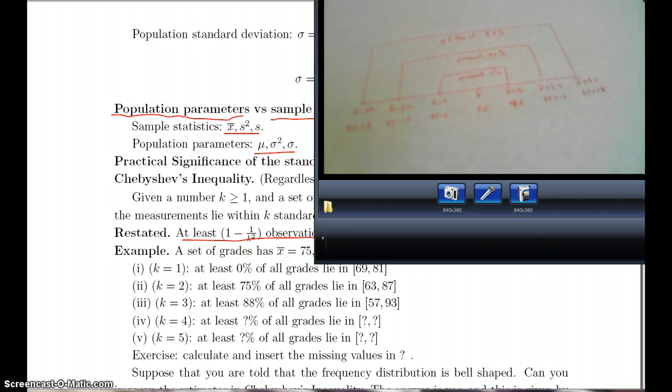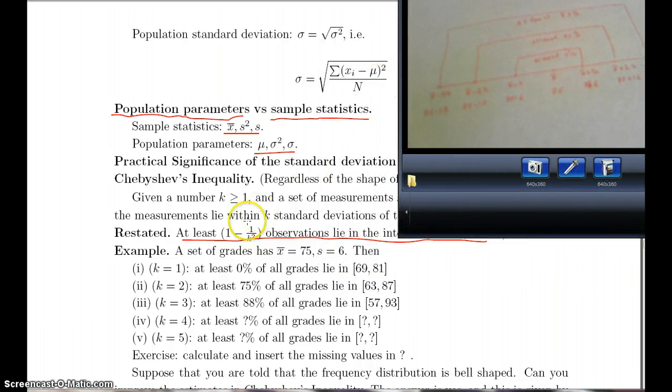Because where do we get those numbers? The 0 comes from 1 minus 1 over k squared, so let me show you that. That's 1 minus 1 over 1, that gives me 0. Now k equals 2, 1 minus 1 over 4, that's going to give me 75%. And if k is 3, 1 over 3 squared is 1 over 9, and 1 minus 1 over 9 gives me the 88%. Again, those numbers here come from these two numbers.